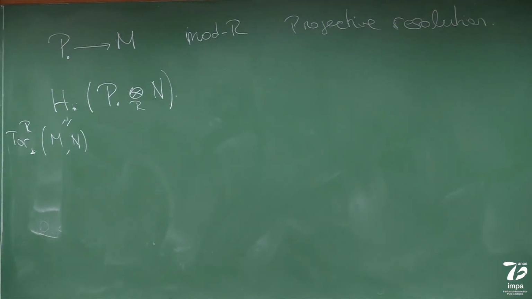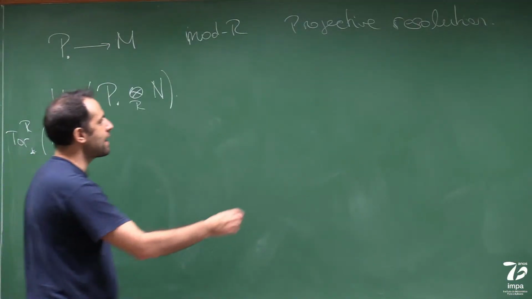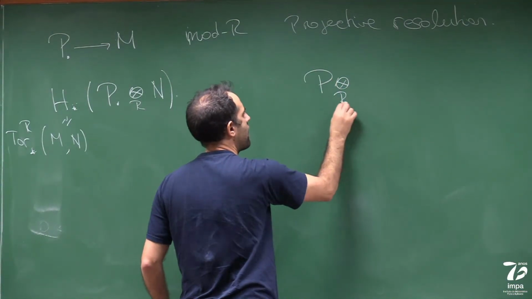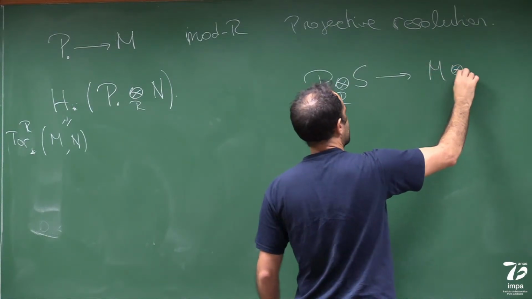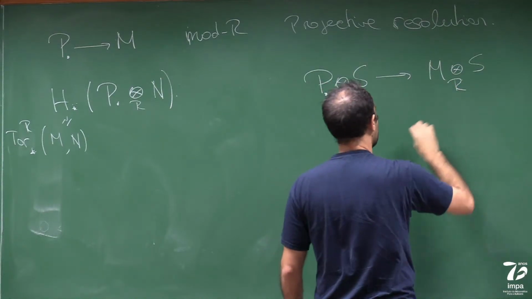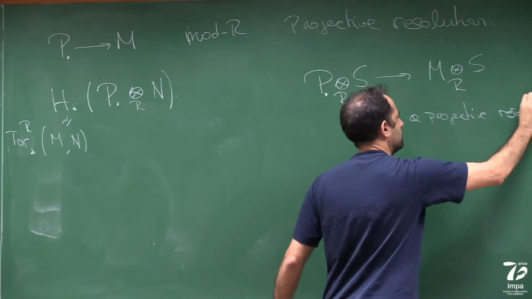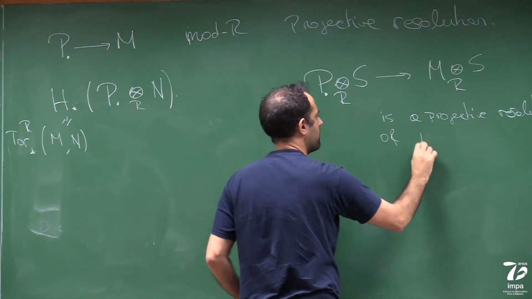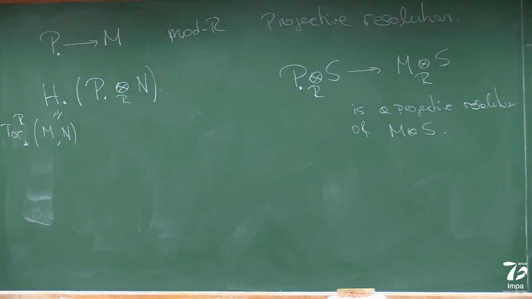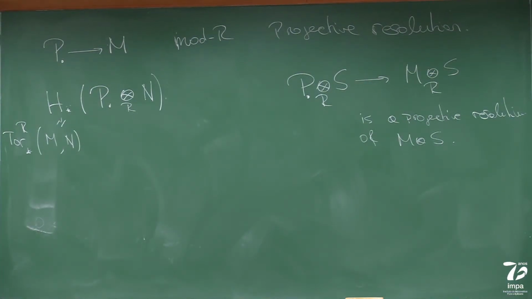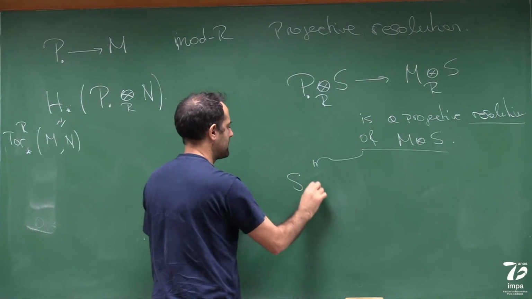Now, to compute this Tor over S, I need a projective resolution of this module over S. So now I claim that P tensor over R with S is a projective resolution of M tensor over R with S. Well, the fact that it is a resolution is trivial, because tensoring by S is exact because S is flat over R. So the fact that it's a resolution is because S is R flat.